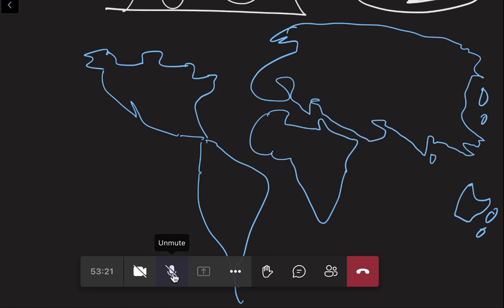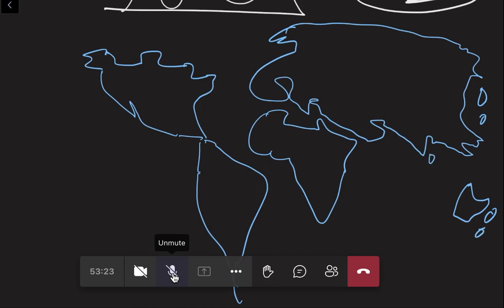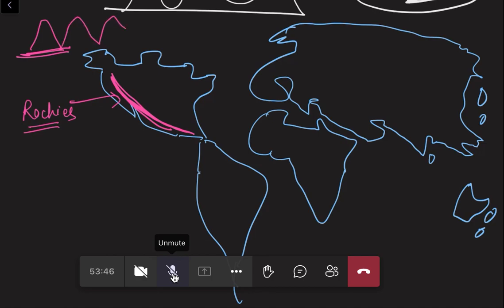So this is our world map. Now in the world map, just see where these fold mountains are located. This is the first: the Rockies Mountains. Rockies are fold mountains in North America. These mountains are not isolated. There is no such thing as a single isolated mountain. These are always mountain chains. So this is a mountain chain.